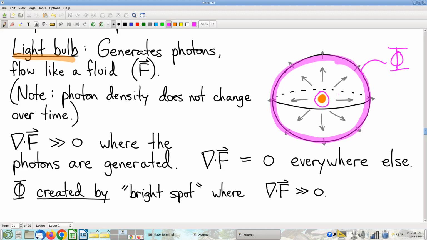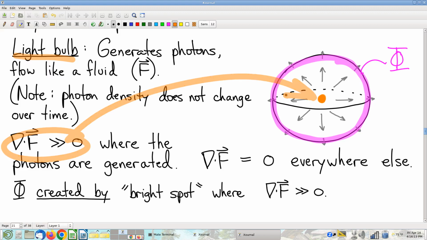All of them. How many go through this inner sphere? All of them. So, in the vicinity where the bulb is, we've got all of the flux happening in an extremely small amount of volume. So what's the flux per unit volume? We have a large flux over a small volume, and that means that where the bulb itself is, divergence is extremely high.